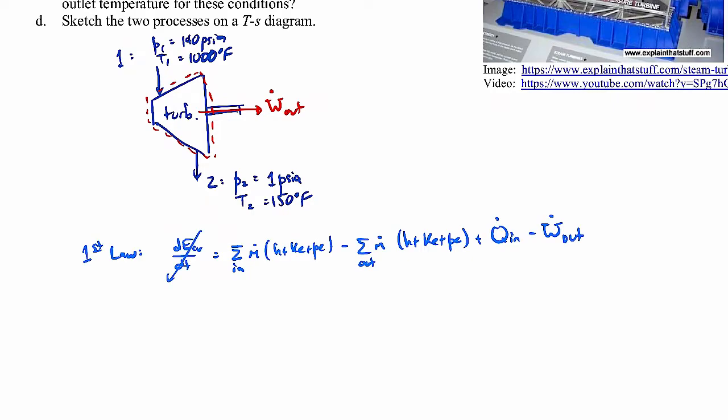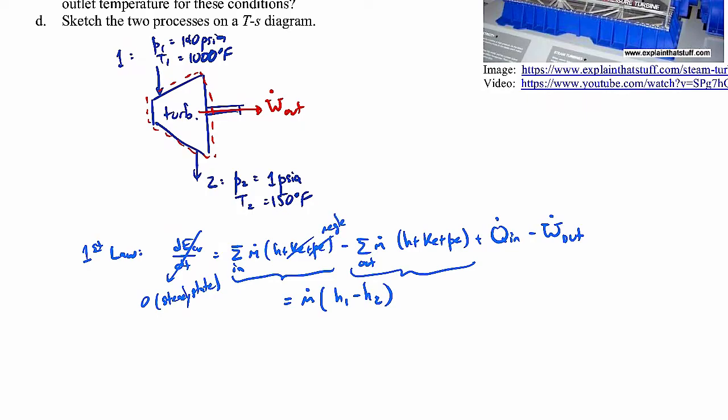So the first term on the left-hand side is 0 because it's steady state. The mass flow rate coming in and the mass flow rate going out, when you combine those together, that's going to be m dot (h1 minus h2). And what we've done along the way here is we've neglected the kinetic and potential energy differences between inlet and outlet.